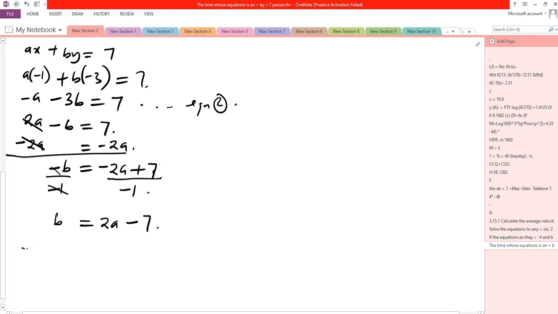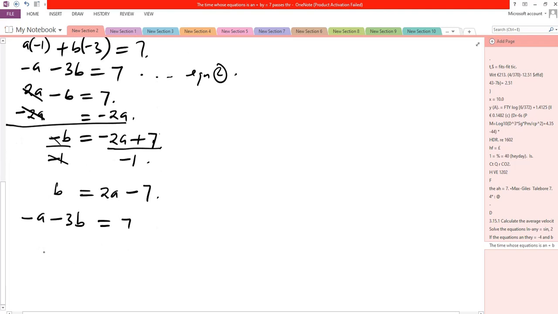So equation 2, we have minus a minus 3b equal to 7. Now wherever we see b, we substitute it with this expression 2a minus 7. So we have minus a minus 3 times 2a minus 7. Now we need to expand this.